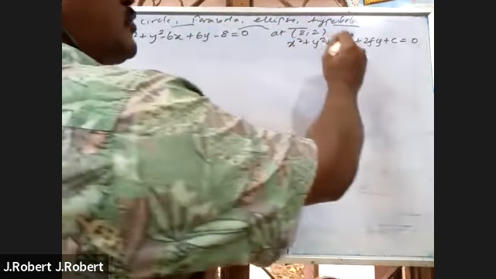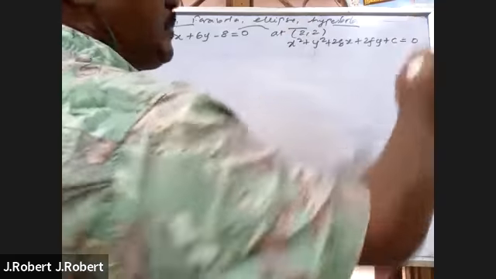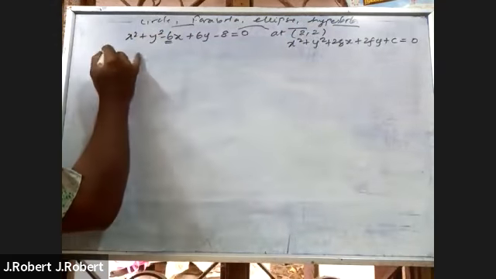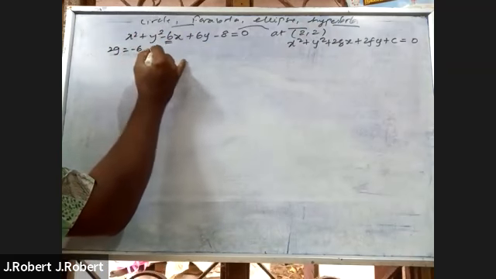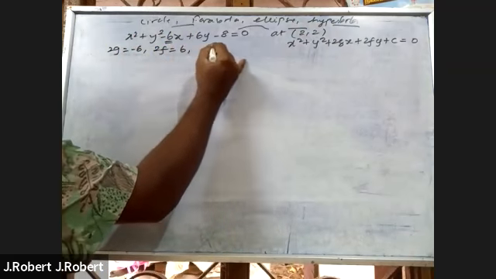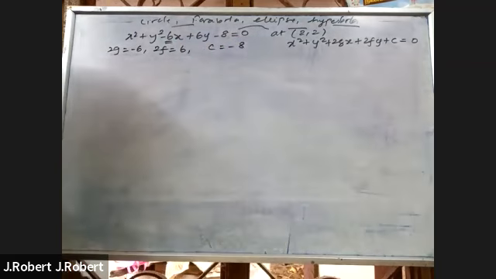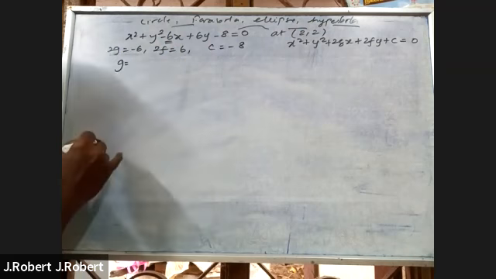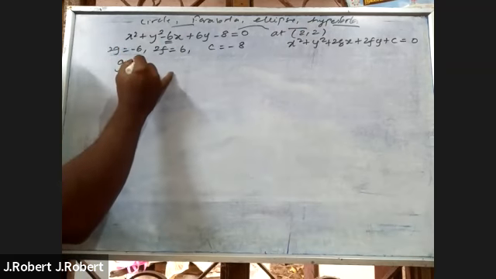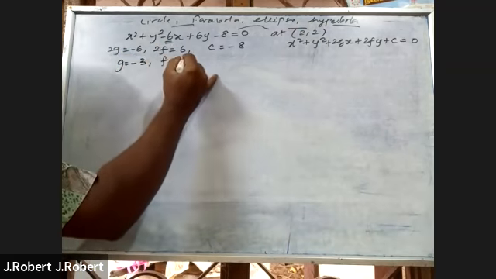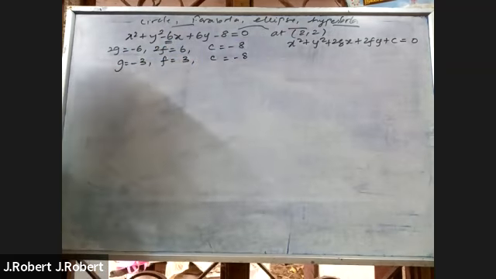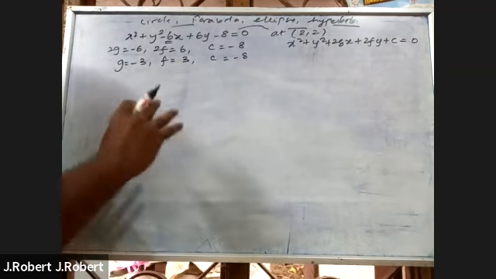Comparing these two equations, we see 2g equals minus 6, 2f equals 6, and c equals minus 8. Then g is equal to minus 6 divided by 2, which is minus 3. f is equal to 3 and c is equal to minus 8. These are the constants I have found out from the given equation.